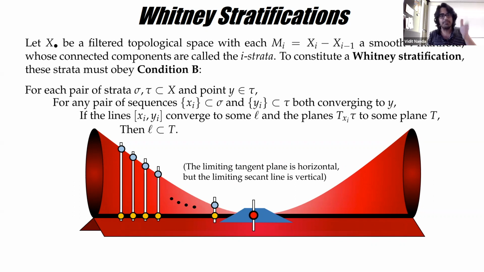Now, each time you draw the ith line, it's vertical, but the tangent planes, as you converge to that point, become horizontal. And of course, the vertical line does not sit on the horizontal plane, which means that that point, by this definition, the pair consisting of that point and the red bit, the two-dimensional stratum, does not satisfy Whitney's condition B. So that point would have to be a separate stratum.